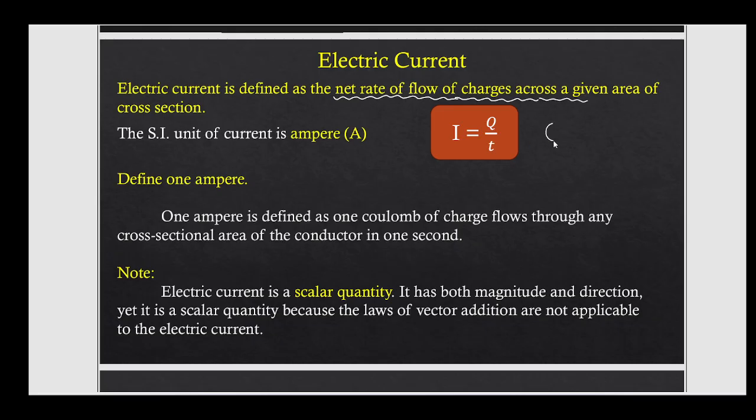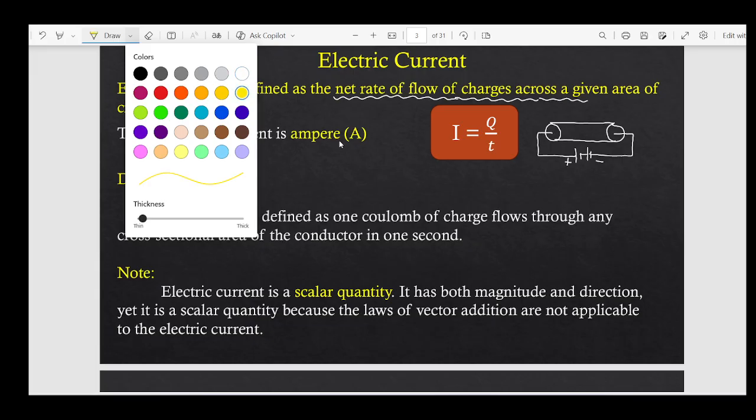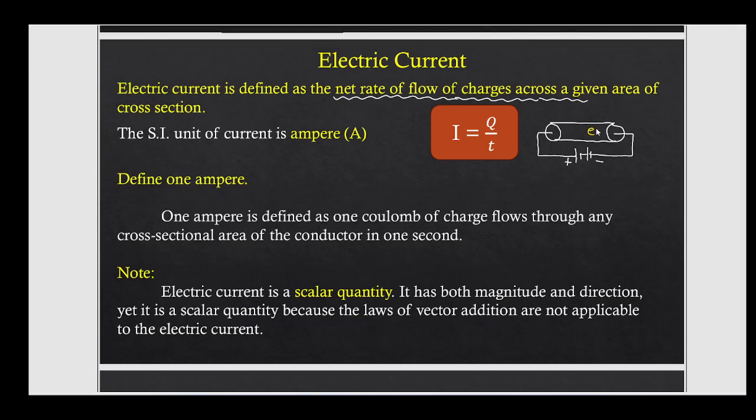For example, if I take some cross-sectional area here and connect a battery like this, with the positive terminal on this side and the negative terminal on this side, the electrons flow from the negative terminal of the battery to the positive terminal, because we have applied an electric field in this particular direction. This net flow of charge in one particular direction gives you the current.